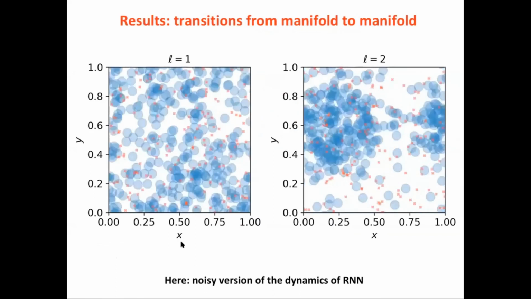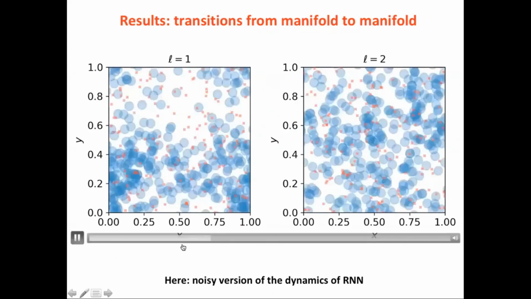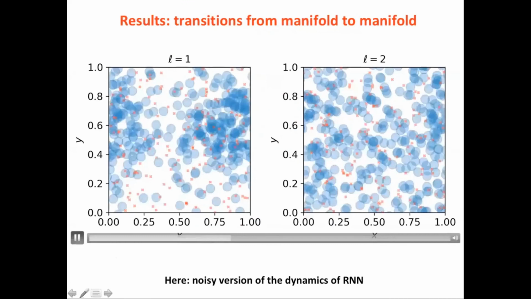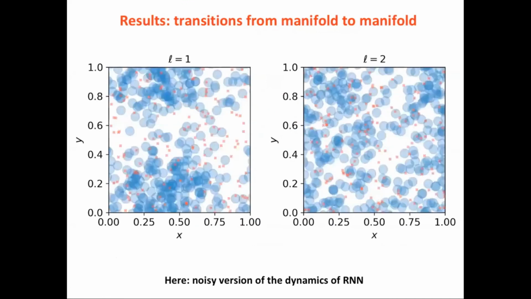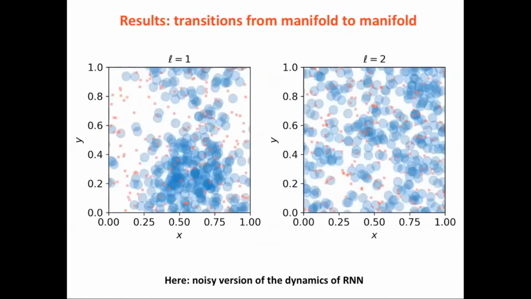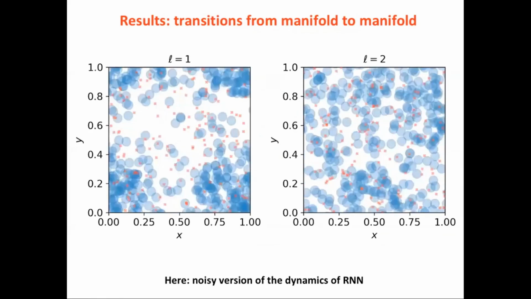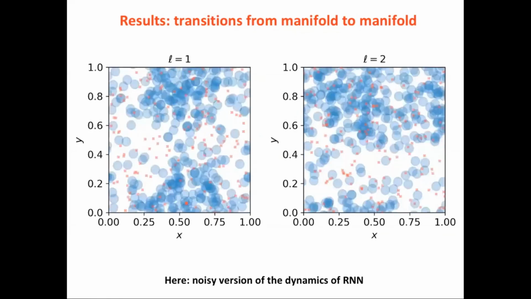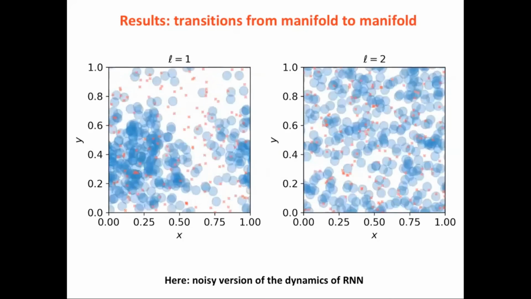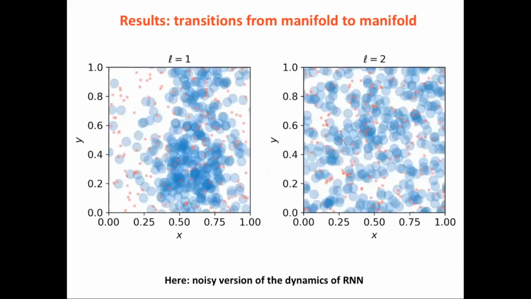But at some point, you will see the bump of activity materialize in the second square. It's always in the first one here, and then it will change. We have to be a bit patient. And you see that there is very dense activity in the second square at some point, which means there was a jump from one attractor to the other.